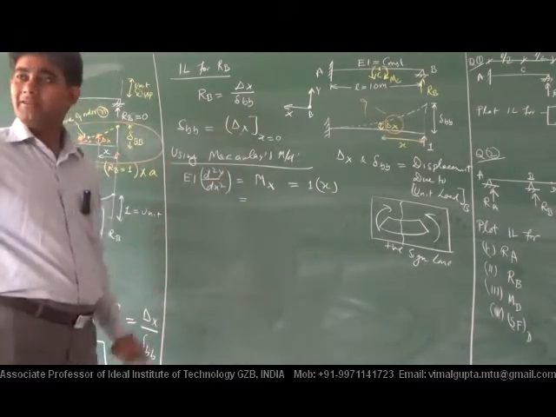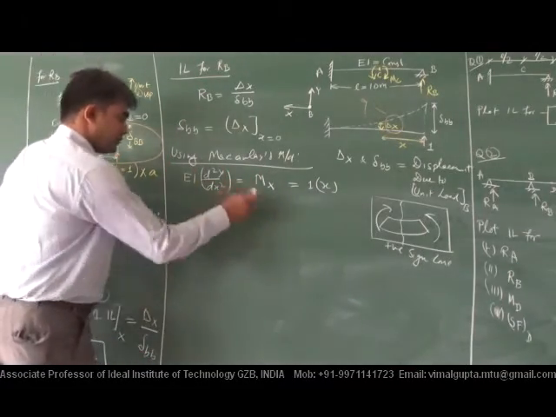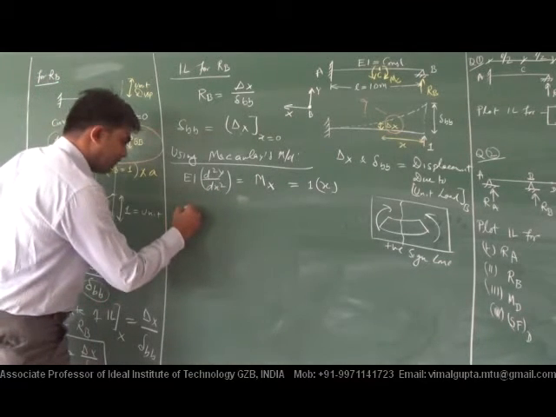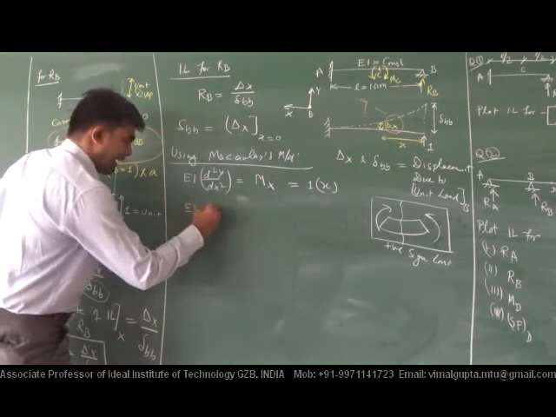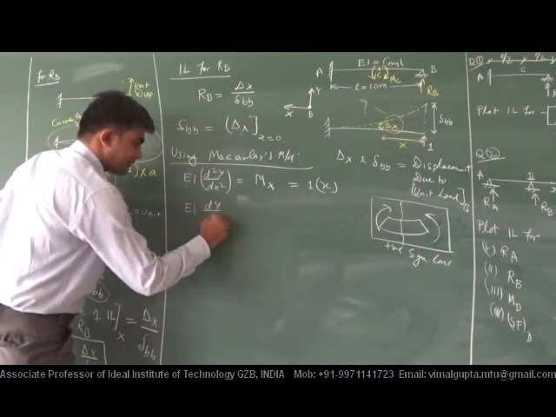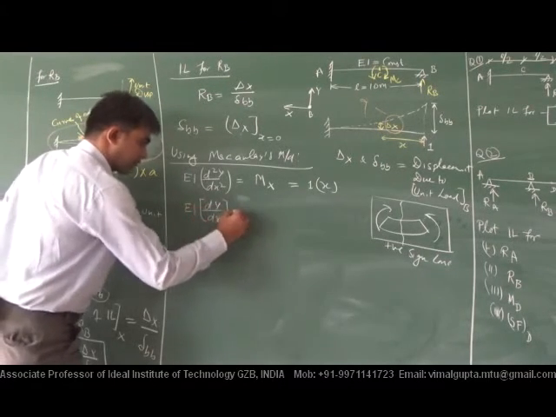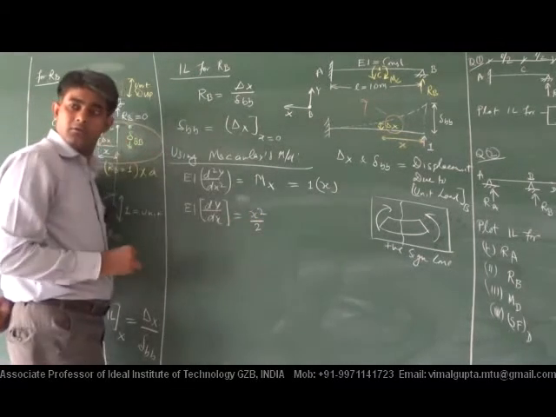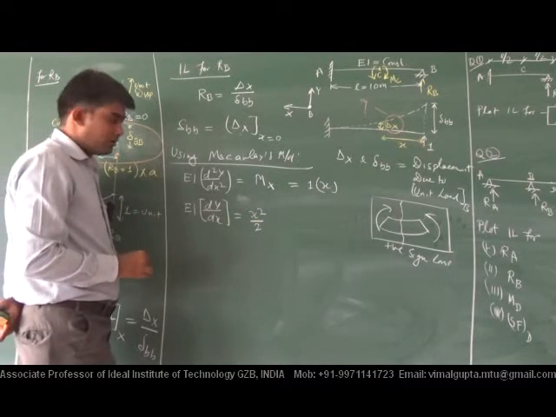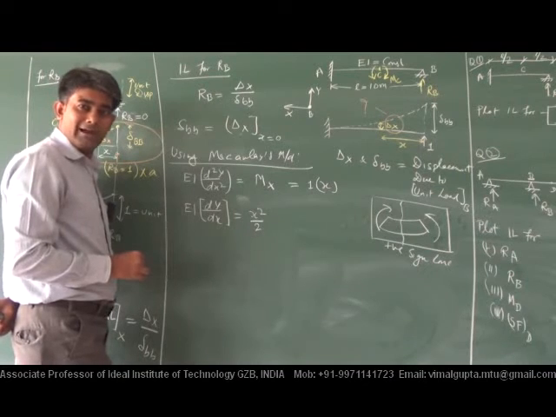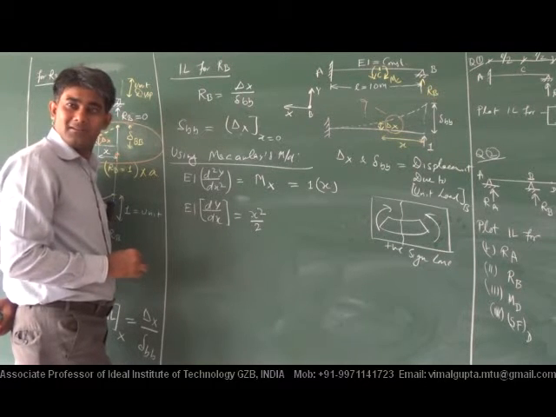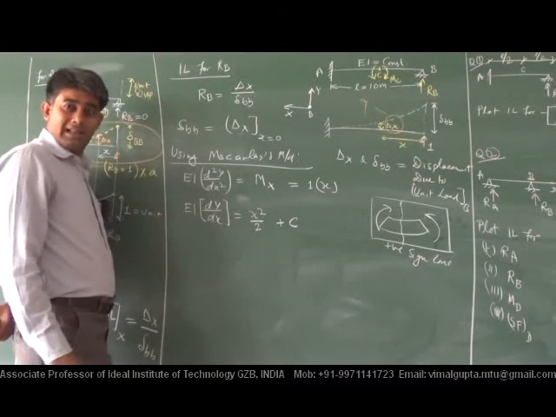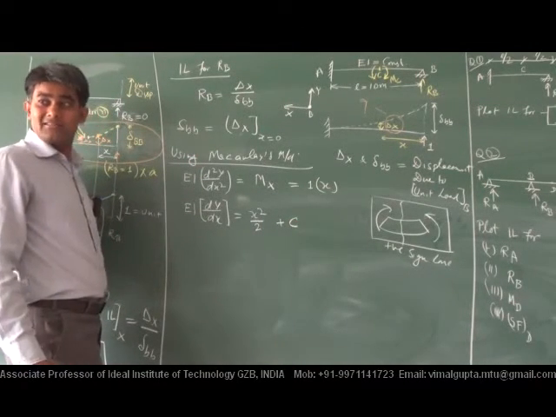Okay, it is 1x. And now by integrating, you can have the value of EI into dy by dx equals x square by 2, and one more factor will be added, that will be C, the integration constant, you know very well.